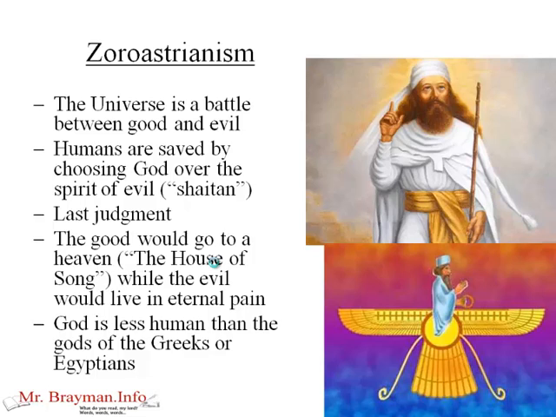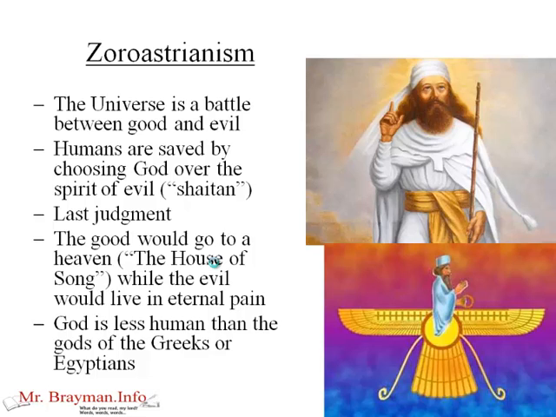Like I said, the Persians were Zoroastrians. And if you're familiar with Christianity or Islam, take a look at these characteristics of Zoroastrianism and see if this seems familiar to you, right? The Zoroastrians believe that the universe is a battle between good and evil, and that humans are saved by choosing God over the spirit of evil, the spirit they called shaitan, right?